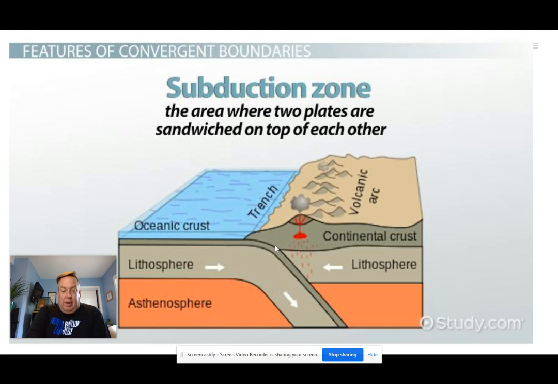As it's scraping by the continental crust, it's heating up. So we start to get these little drops of magma, which are going to collect in a magma chamber, and we're going to have a volcano forming here.